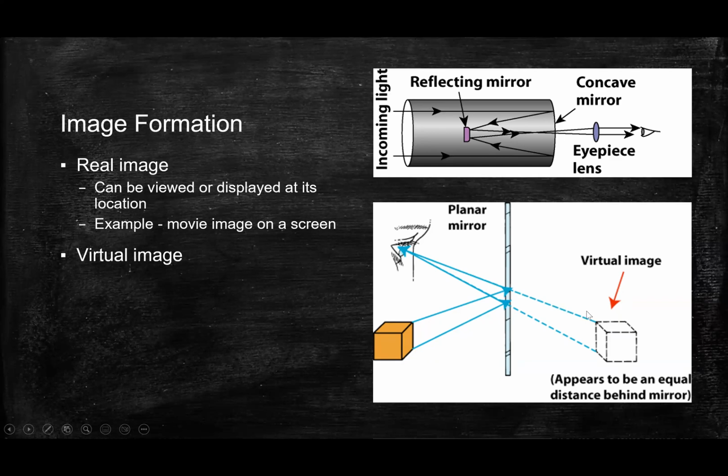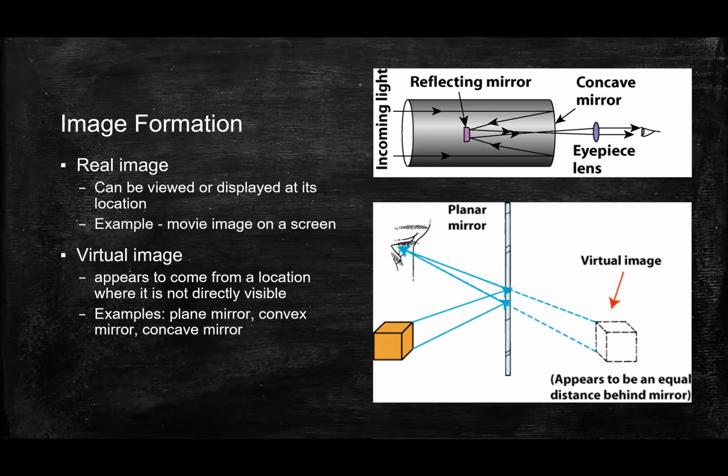All they can see is a light ray coming from what appears to be some place behind the mirror. And that's how we get that virtual image. So for virtual images, the image appears to come from a location where it's not directly visible. Examples where we get virtual images include plane mirrors, convex mirrors, and concave mirrors.